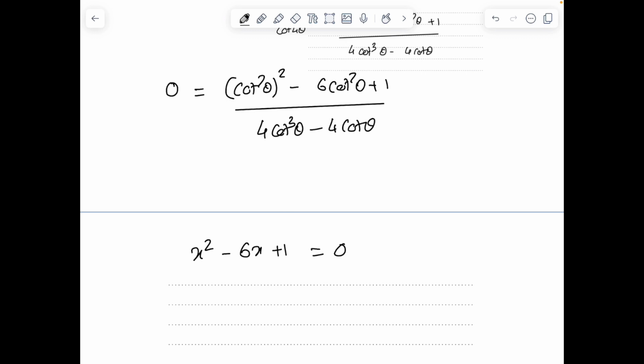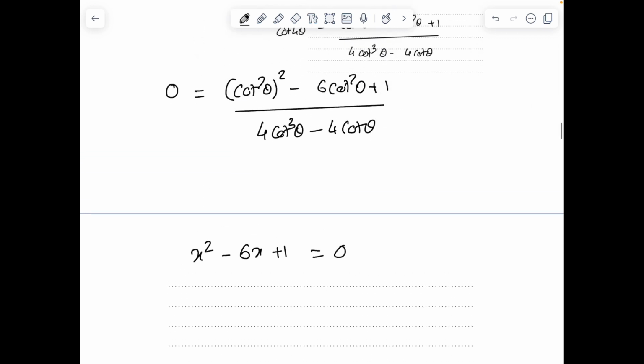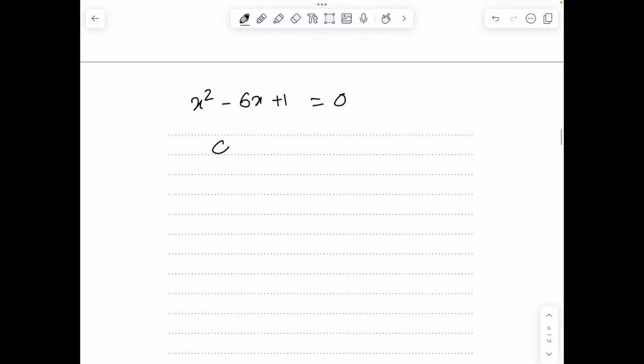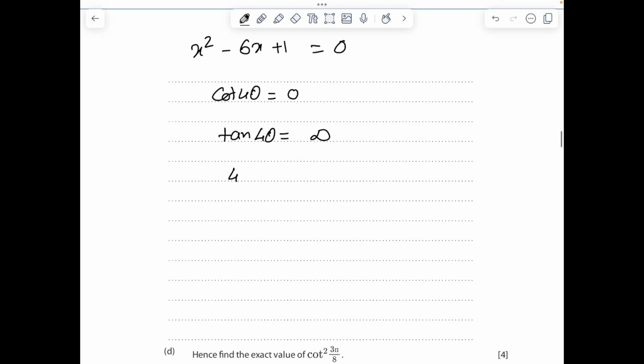So now what am I supposed to do? This equation is nothing but the given equation, x square minus 6x plus 1 equals to 0. So when is that possible? When cot 4 theta equals to 0. So tan 4 theta equals to infinity. So 4 theta equals to n pi plus pi upon 2, because tan inverse of infinity is pi by 2. From there theta equals to n pi by 4 plus pi by 8.